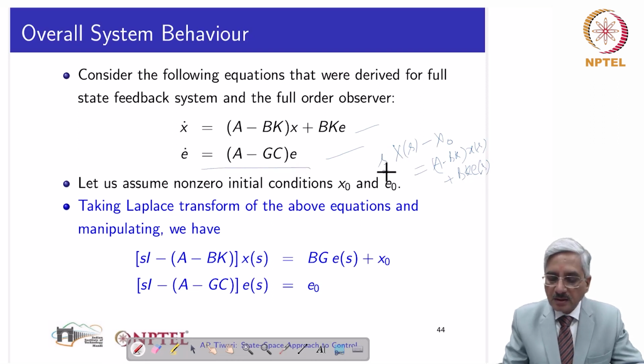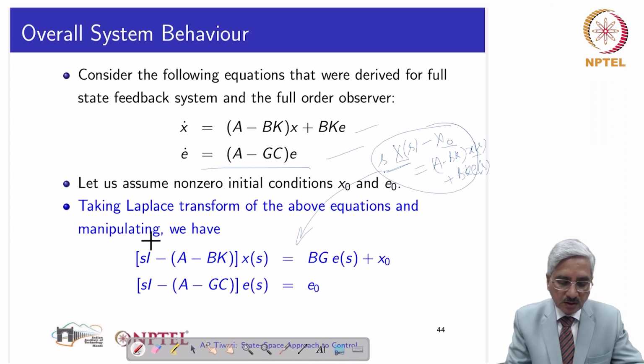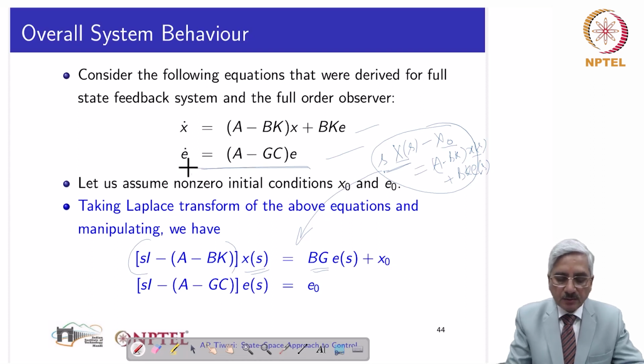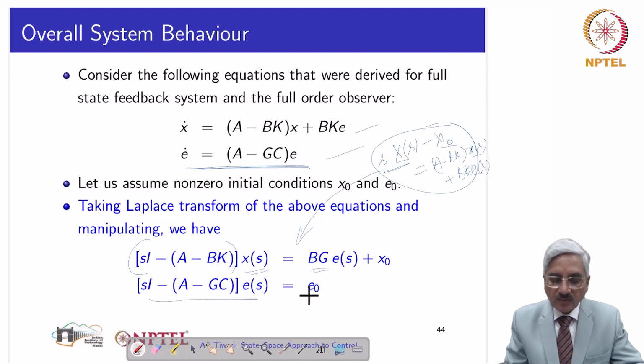So first we rearrange this. We take the terms of X(s) on the left side and x0 on the right. So this one will give this first equation, (sI minus A plus BK) multiplying X(s) equal to BG E(s) plus x0. And we take the Laplace transform of this and rearrange the terms. We get this one, (sI minus A plus GC) E(s) equal to e0.